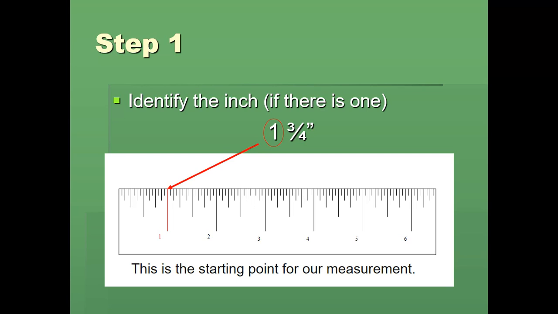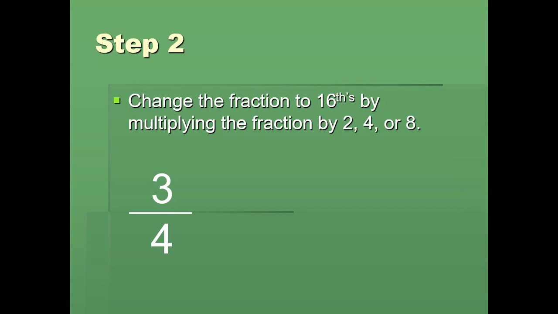After we identify our starting point, the inch, then we're going to have to look at our fraction. Now, last time we started with a 16 on the bottom, and we counted the small lines on the ruler to find out how far that mark we were measuring to was over from the inch.